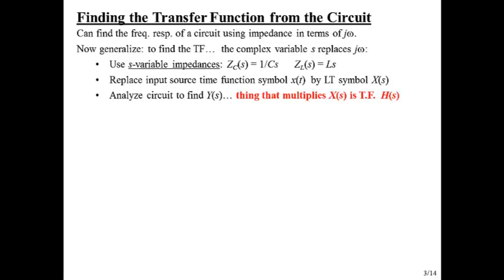So that might be good news for those of you who in your circuits class struggled to write the differential equation for a circuit. You don't have to go that route at all, as long as you can solve a circuit that has complex impedances in it. But now instead of having j omegas in it, it's going to have s.